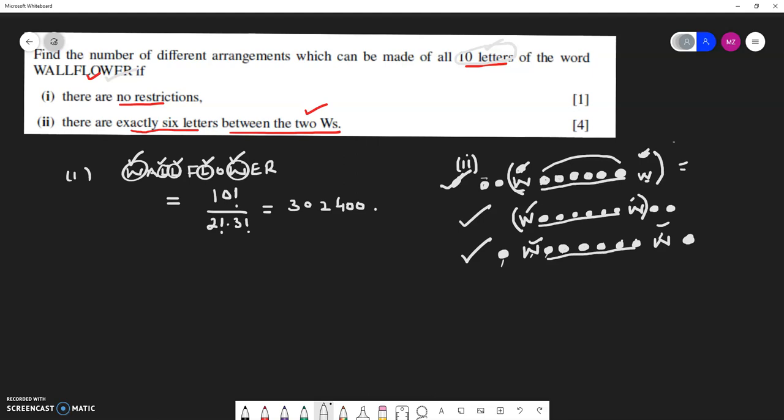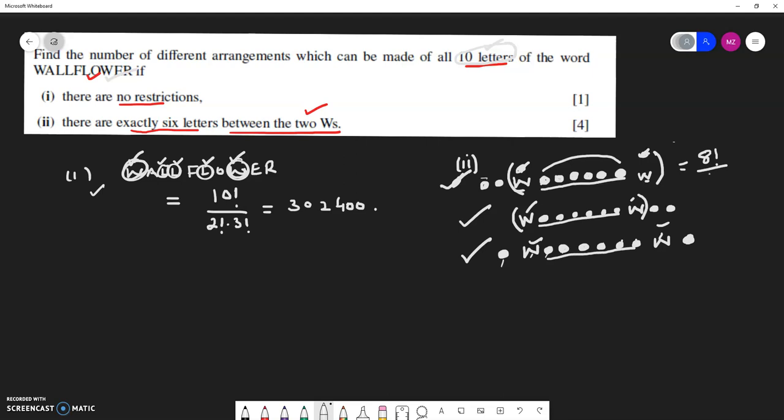So here is our word, and if you exclude this W and this W, you are left with 8 letters. In order to find the permutations of the 8 letters with some elements repeating, if you exclude W, L is still there, and it is not once there, it is thrice there. So you need to write first the total number of letters, that is 8 factorial, divided by 3 factorial, because there are 3 L's.